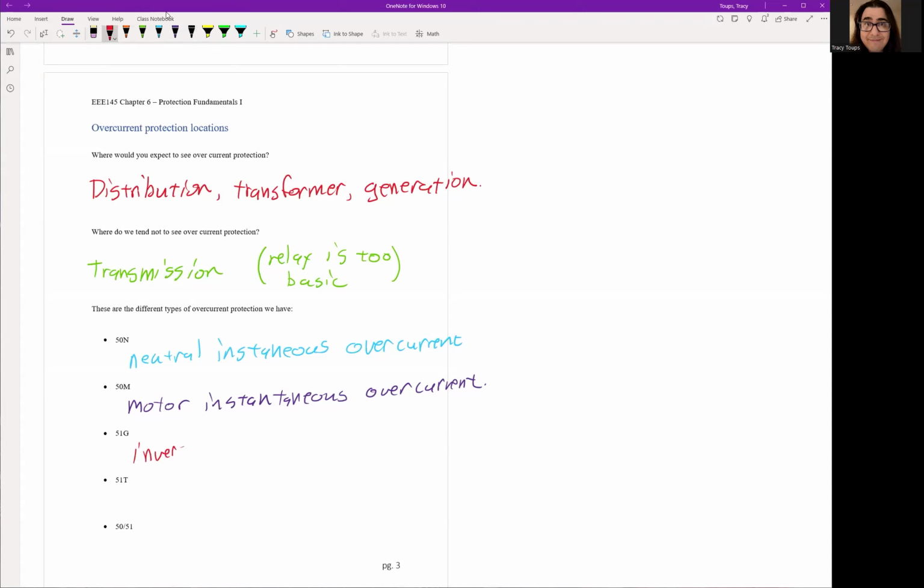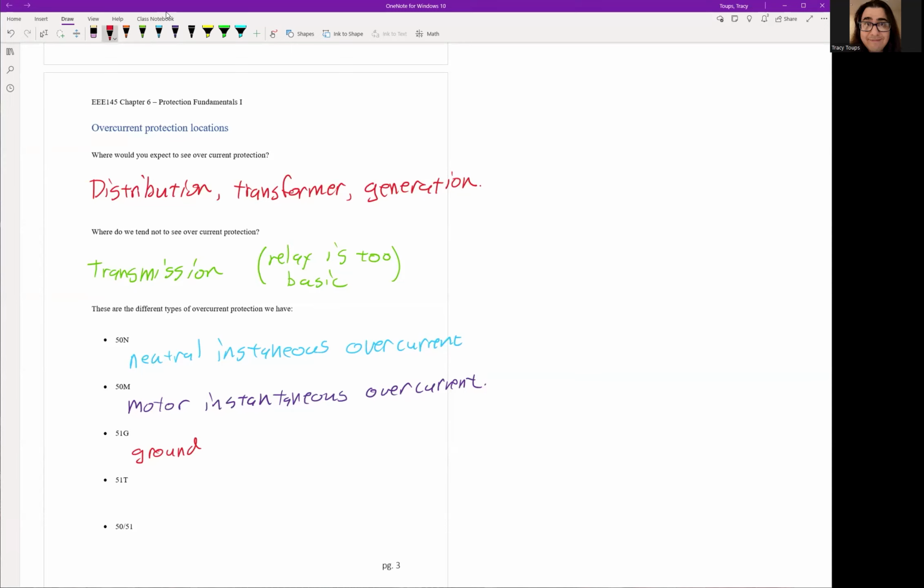Oh, sorry. We should write what G stands for first. It's typically ground for overcurrent. Some people might say G stands for generator. It does on other relays, but typically with 51G, 95%, 99% of the time, you're talking about a ground relay. Okay.